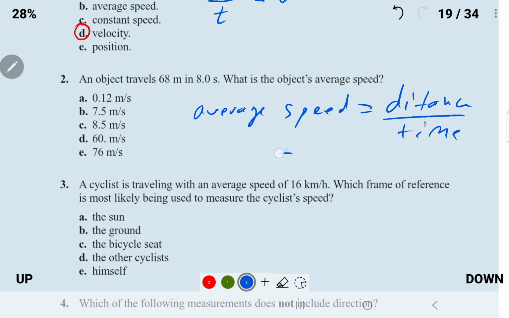So here what you have to do is divide 68 by 8. Of course, 68 by 8, you can get 34 divided by 4, or 17 divided by 2. So option C is the correct answer.